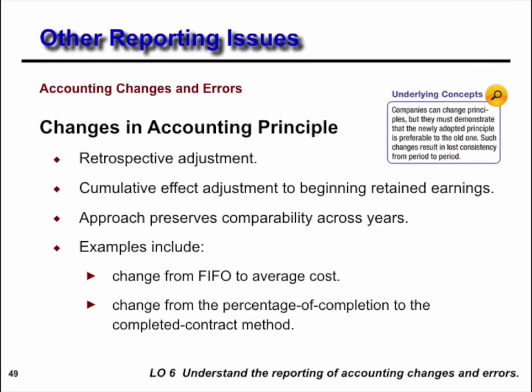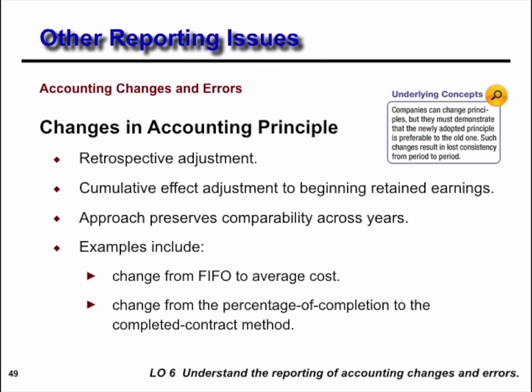B. Change in accounting estimates: a change in a prior period estimate resulting from additional information, more experience, or a new event. And C. Change in reporting entity: a change in the entity being reported, such as a change in the subsidiaries included in the company's consolidated financial statements. In addition to these changes, GAAP also establishes the accounting principles for correction of errors.